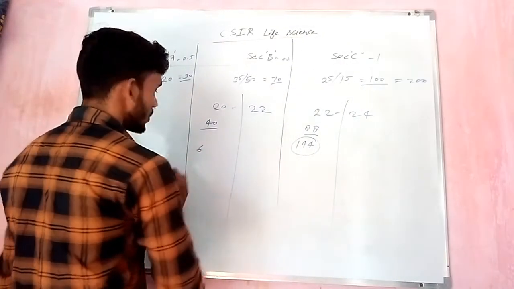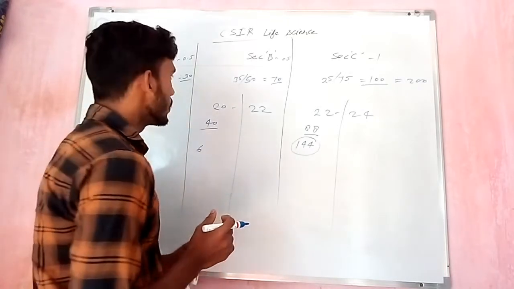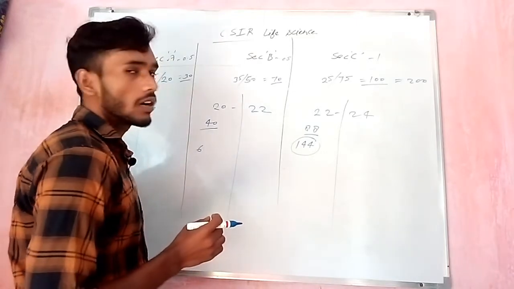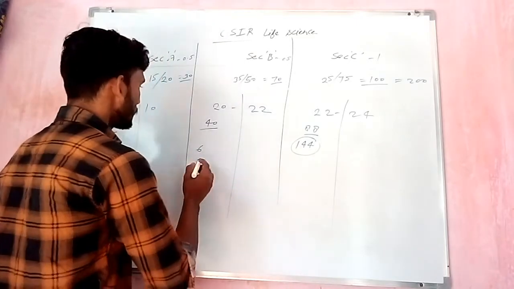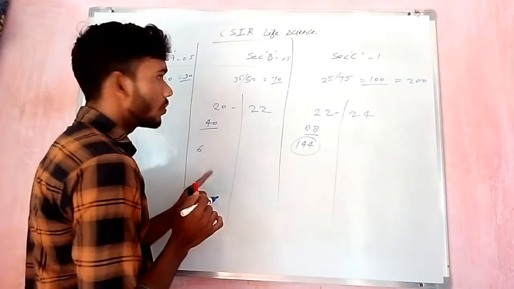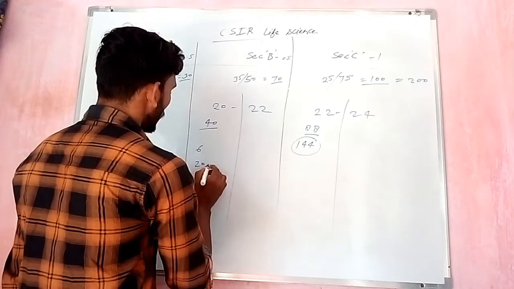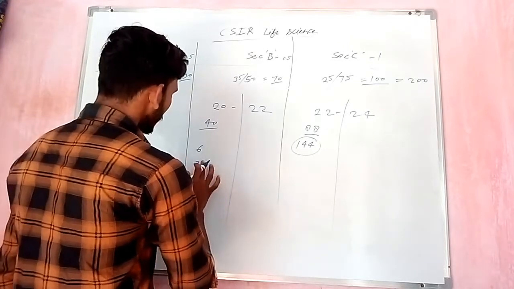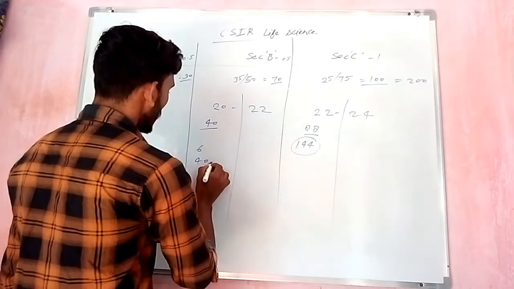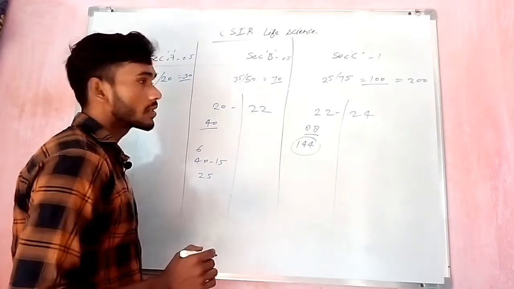If 6 are wrong in section B, because section B is memory based questions and no one can solve section B confidently, then 6 into 2 is equal to 12 and 3 for negative marking. 12 and 3, 15. 40 minus 15 is equal to 25 marks.